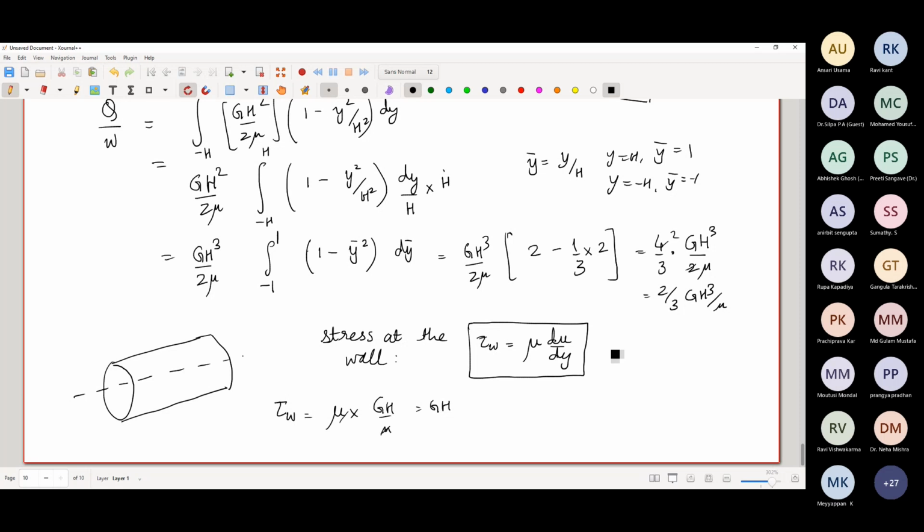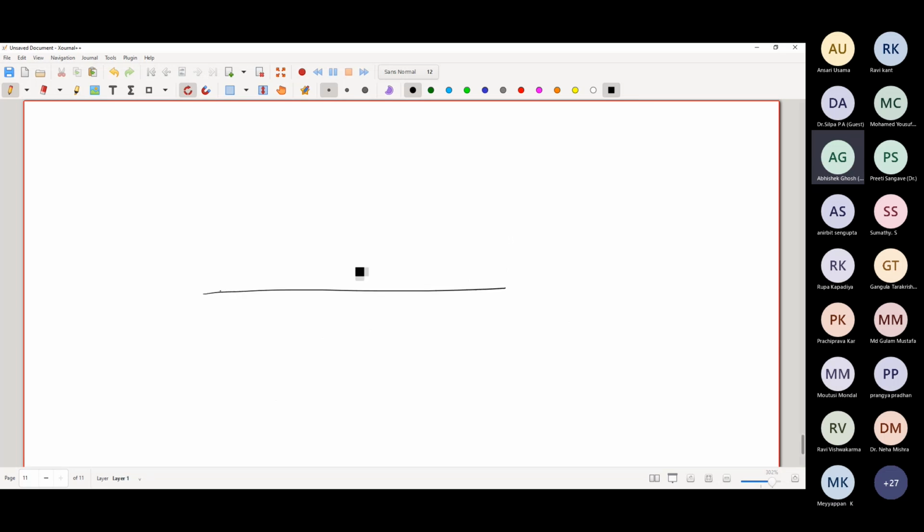So the wall shear stress obviously depends on the velocity gradient at the wall. Now you tell me, if you have one velocity profile like this and one velocity profile like this, both are velocity profiles.